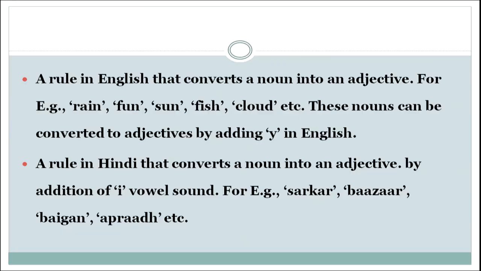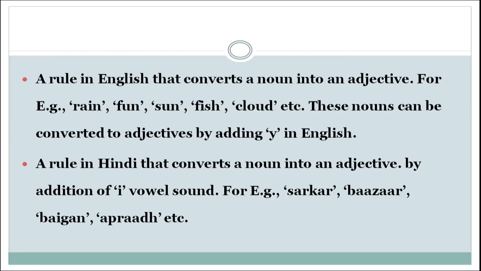Now, another rule in English converts a noun into an adjective. Like I told you in singular and plural, similarly, if we add a y in English, then nouns can be converted to adjectives. Rain is a noun, fun is a noun, sun is a noun, fish is a noun.